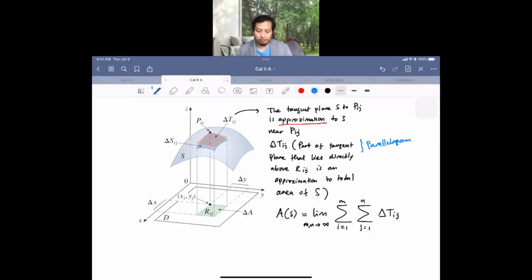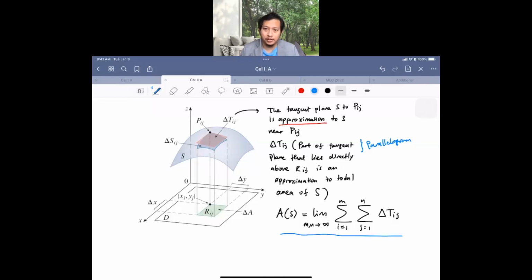Now we need to break down our formulation for the delta T and make it into each of the parts of the surface area.